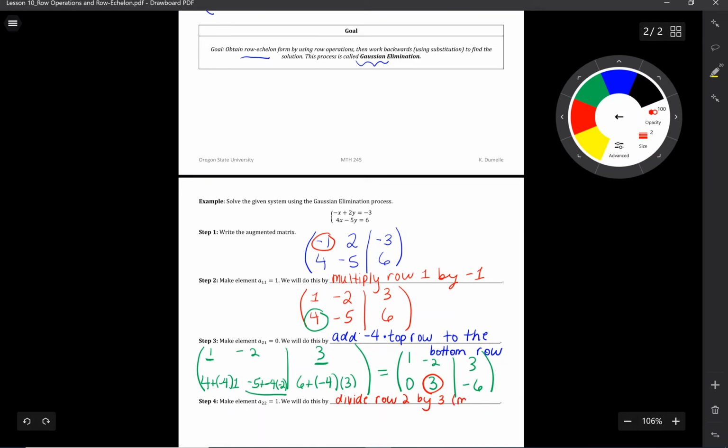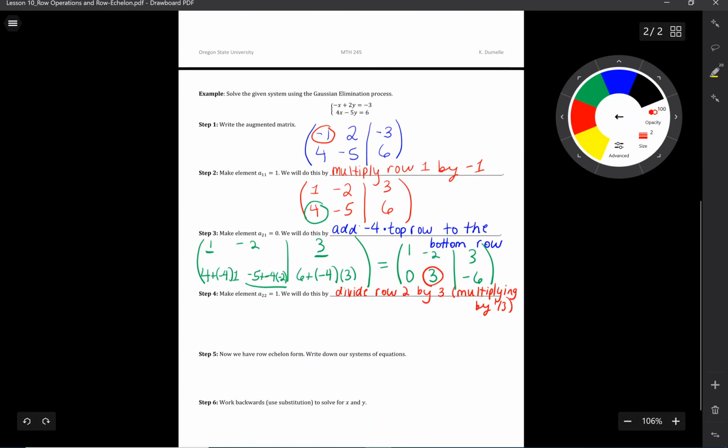So that gives me, my first row stays the same, 1, -2, 3, and then 0, 1, -2. Now we have row echelon form. I have this diagonal of 1s and I have 0s below that.